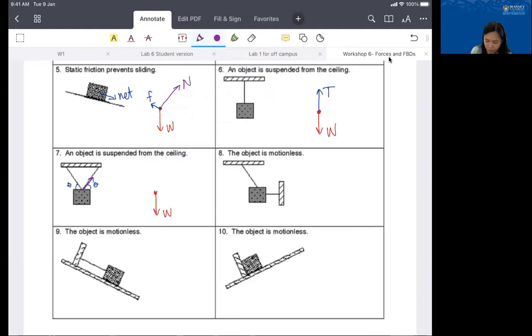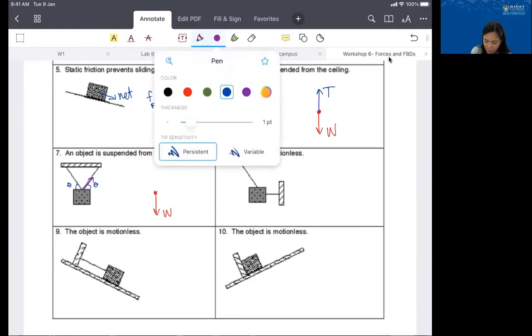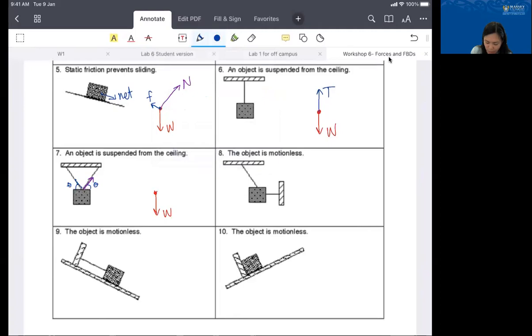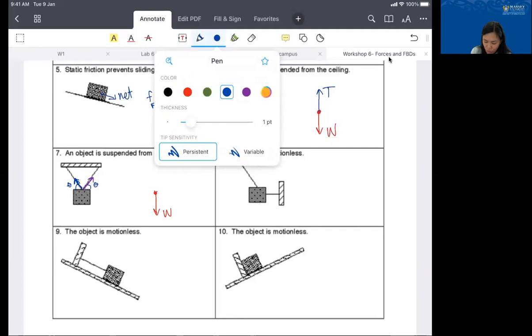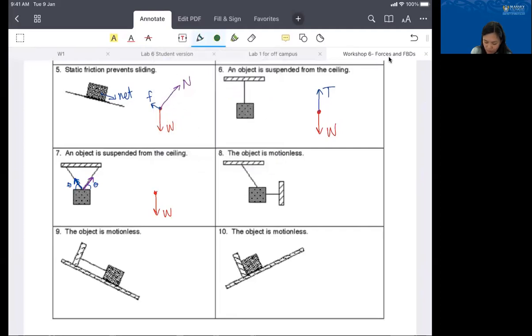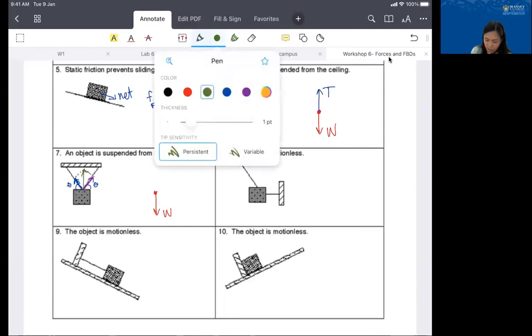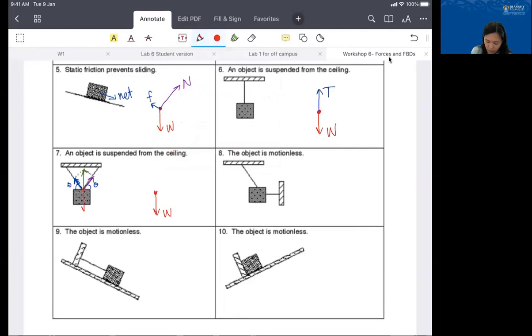But the angle is the same. So you would expect that the length of the two tension forces would be the same, so that the net tension force would be directly vertical, counteracting the weight force.